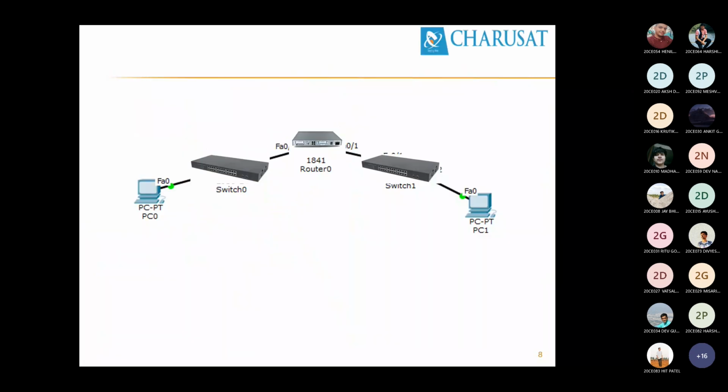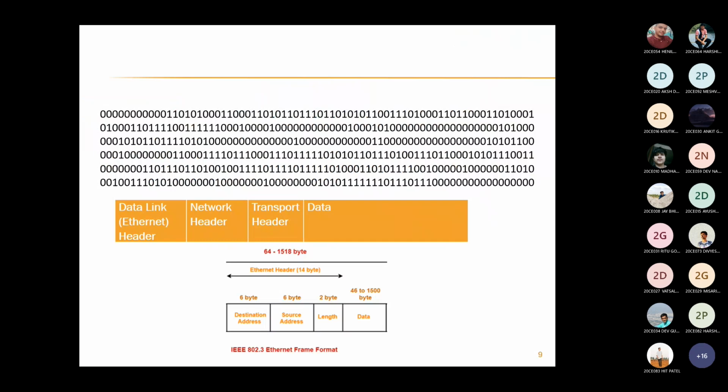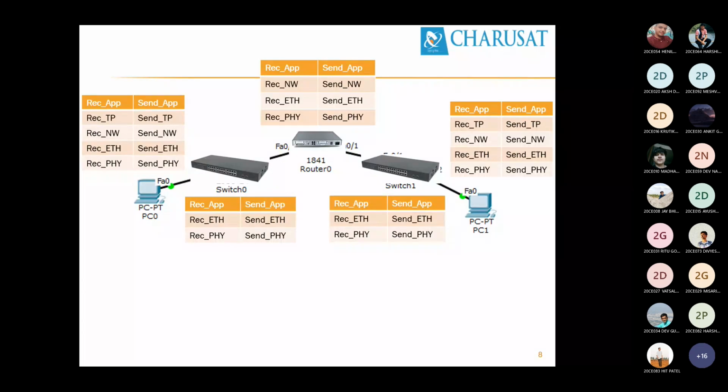Then we discussed this TCP/IP, and we were at this point at the last lecture. This is receive Ethernet, receive physical layer, and we started to discuss with two students, Samarth and Samal.